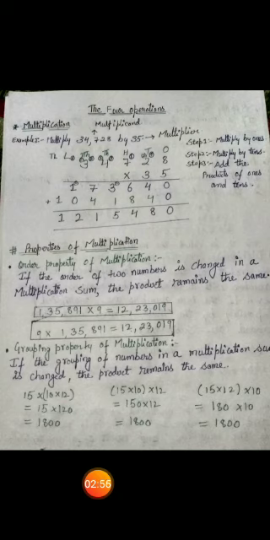Again, in the second step, we first multiply 15 and 10 to get 150, and then multiply by 12, again getting 1,800.